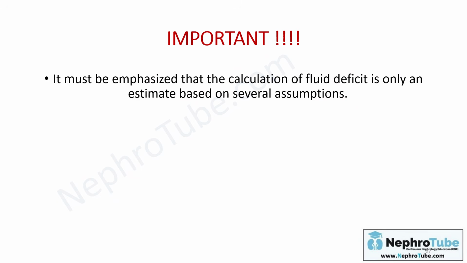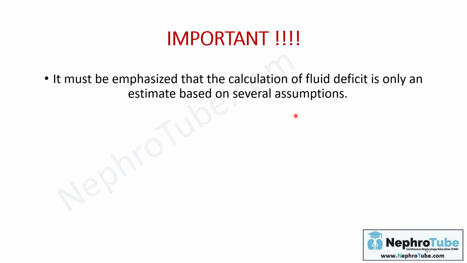So finally, my last slide: it must be emphasized that the calculation of fluid deficit is only an estimate based on several assumptions. So it is not accurate. All the equations and calculators we are using in nephrology are not accurate.